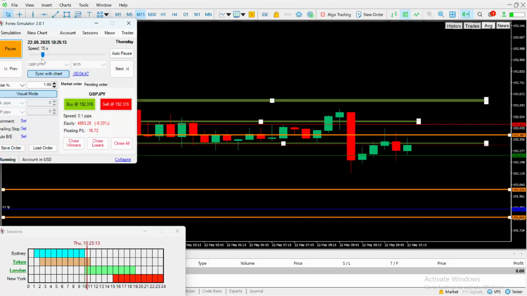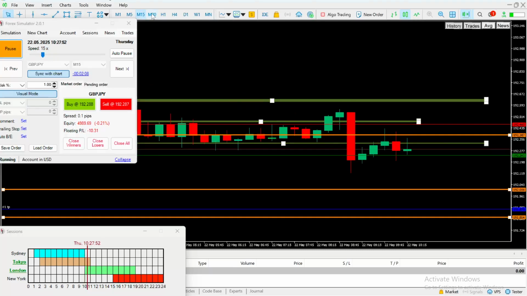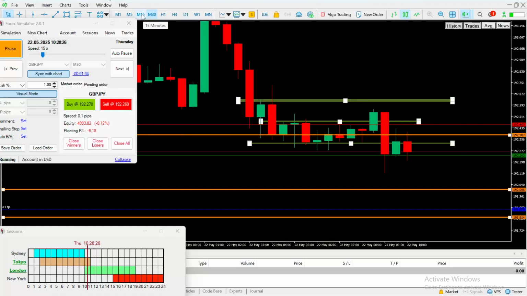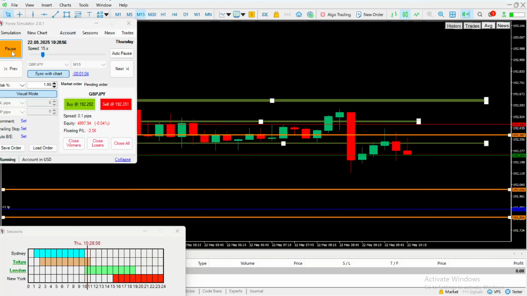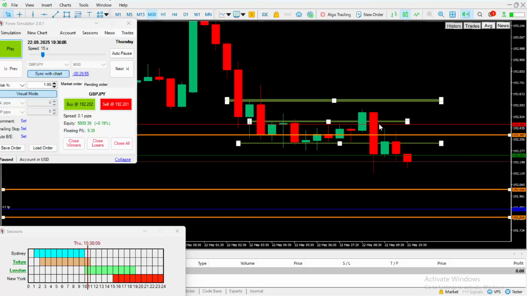Could be all part of the upper wick. 30 minutes is closing in 3 simulation minutes. Yeah. 15 minutes has closed bearish. Alright, bearish. That's good for us. That means 30 minutes is also bearish.